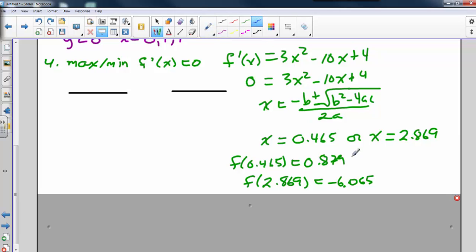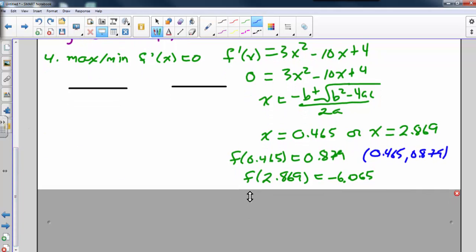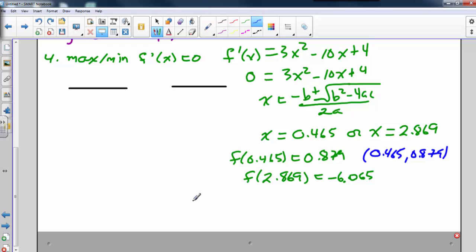So that means that the points (0.465, 8.879) and (2.869, -6.065) are on my graph. Now, knowing that's not quite enough, I would need to know whether these are maximums or minimums. So I'm going to go plot those. I'll be right back.